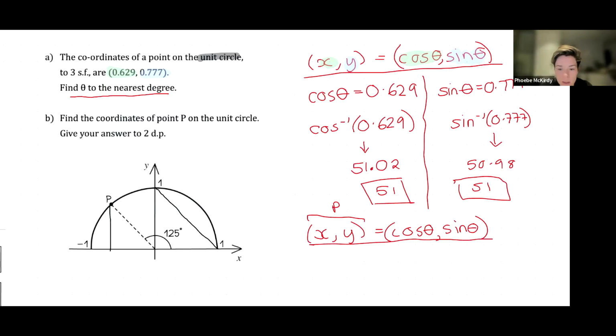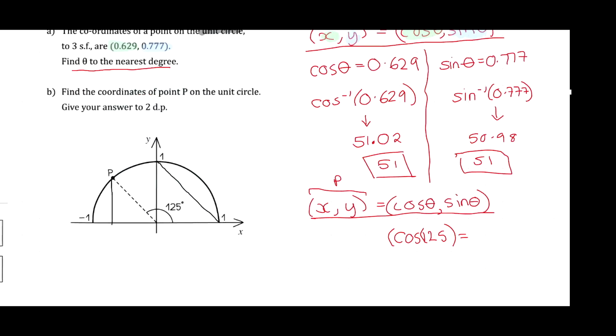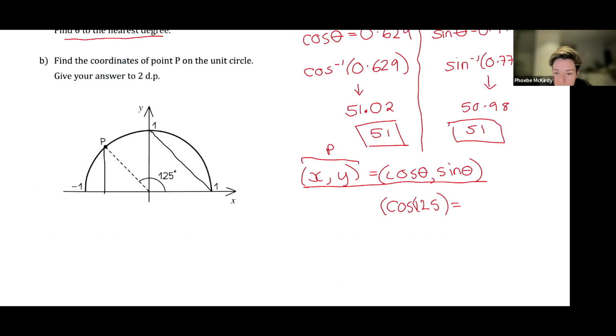So what we can do is cos 125, and that's going to give us the x value because that's the angle that we've been given. What do you get when you do that? That means it's going to be minus 0.57.